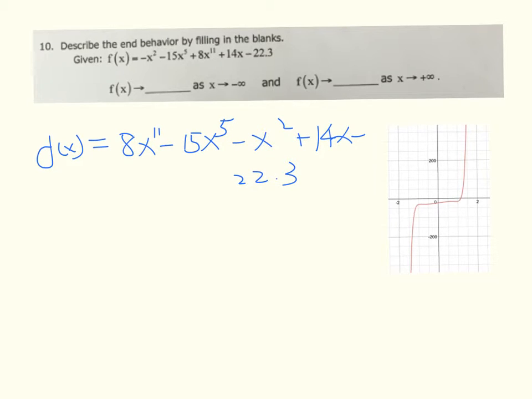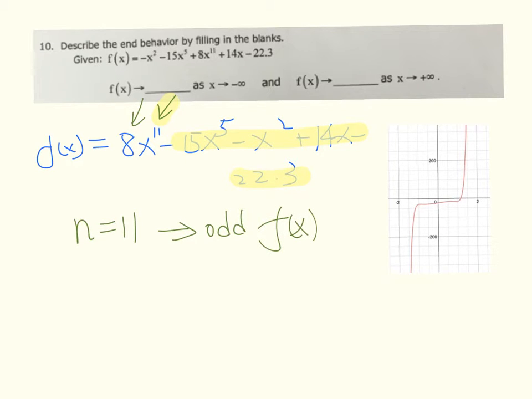I almost do not care what happens here. These are somewhat irrelevant so far. All I care about is the highest power and the leading coefficient. Notice that my highest power is 11, so that makes my function an odd function.